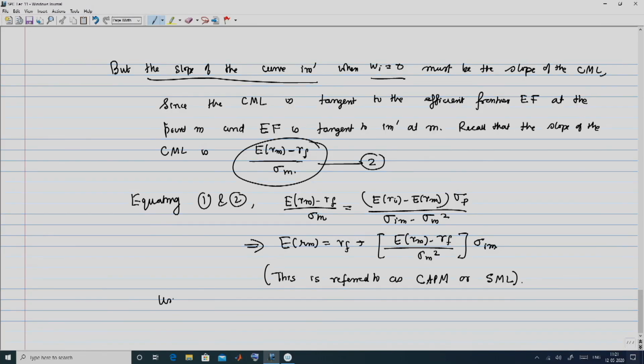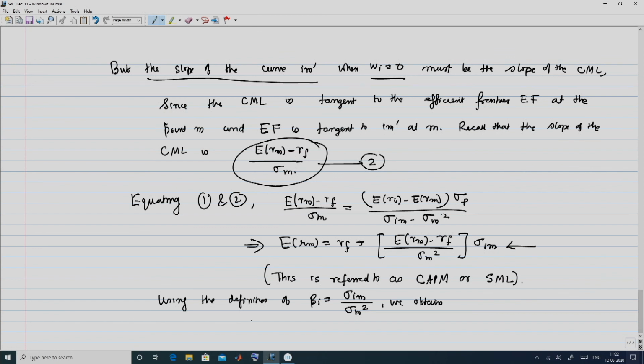Now, I put this CAPM when I began the discussion in a slightly different form. In order to obtain that form, which involves the beta of the ith asset, we take note of the definition of beta I, which is the covariance of the asset with the market portfolio divided by the variance of the market portfolio.